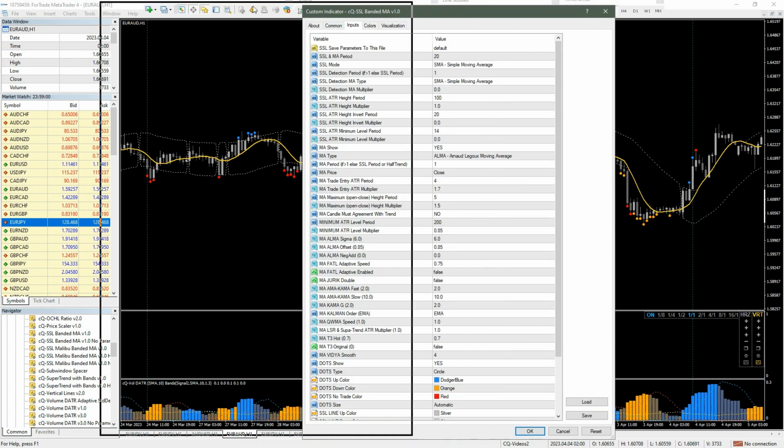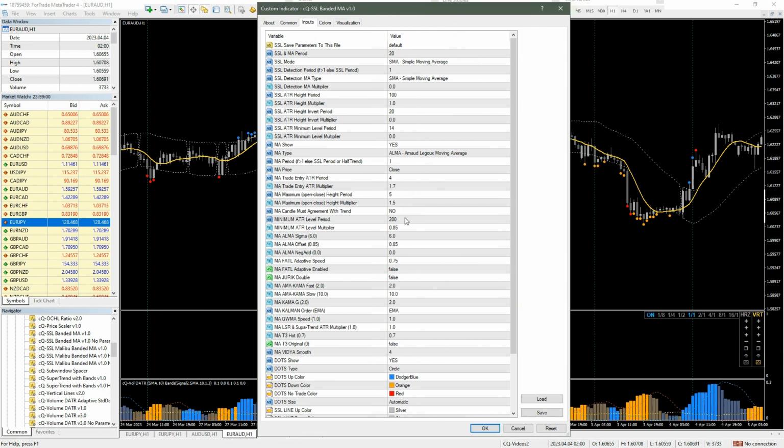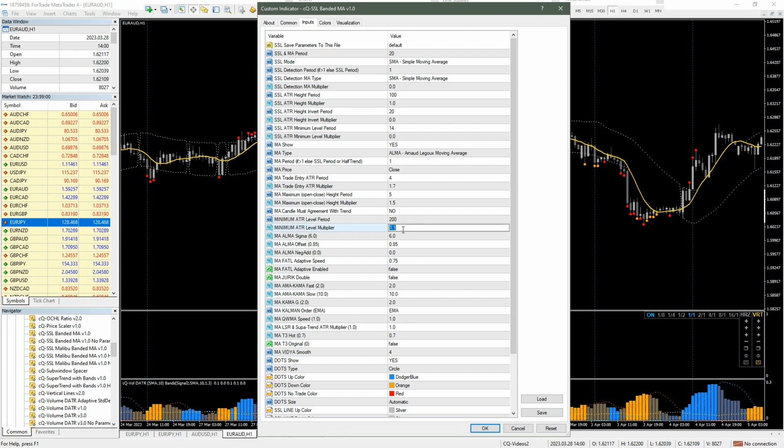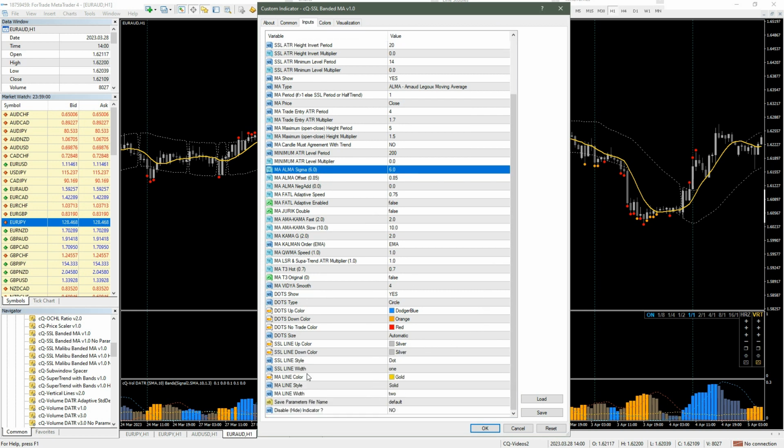Okay, what I'll do is make it a little larger just so you can see that it does do that. See? So, it got rid of a lot of them, but that's what that does. And then these are just the moving average parameters, and then you have the basic stuff down here.